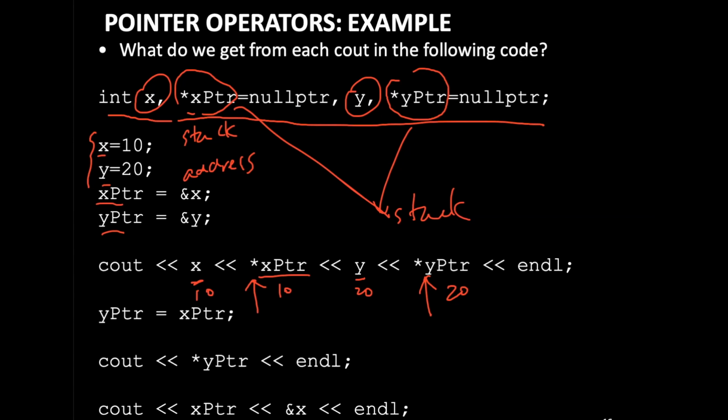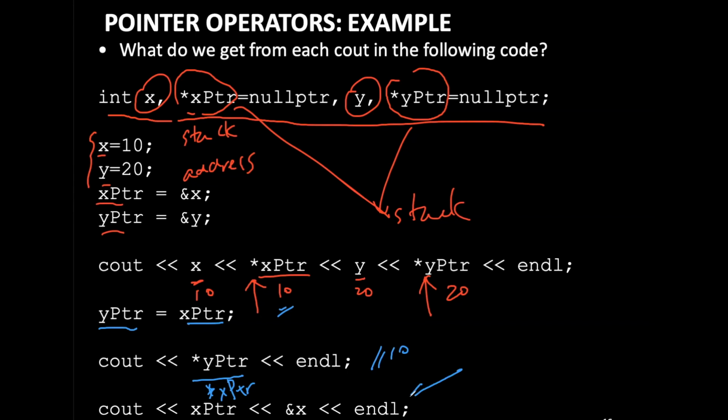Let's look at the next line. yPtr equals xPtr. This is permissible because we know a pointer is assignable. So yPtr now equals xPtr. Both are the same. Remember, when we dereference yPtr, this is the same as if we dereference xPtr, which we know has the value of 10.